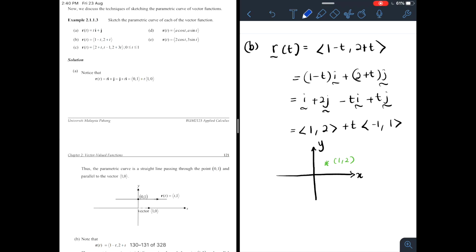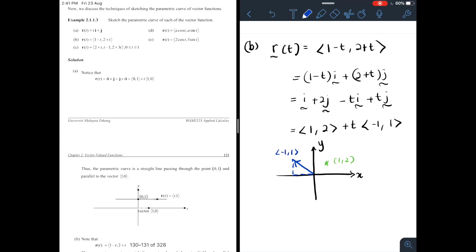Then I try to sketch the parallel vector, which is (negative 1, 1). So how do you sketch a vector? It should start at the origin, so it will move 1 unit. Let me use a dotted line instead of a solid line. It will move 1 unit to the left and 1 unit up. So this is vector (negative 1, 1).